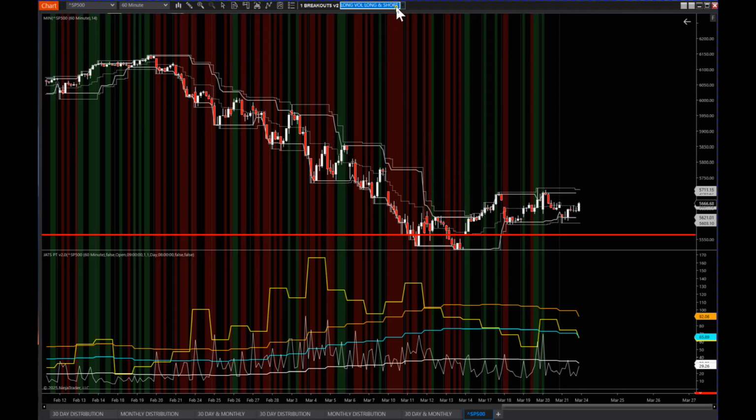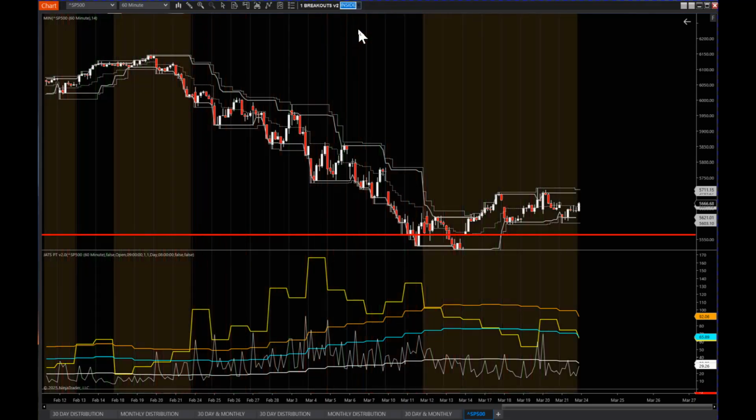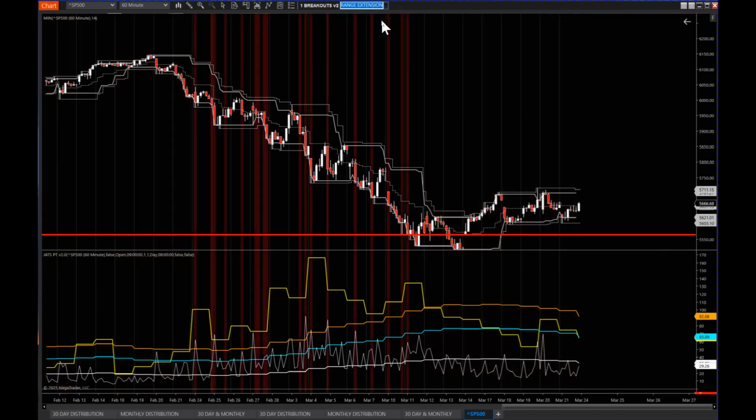But I prefer trading this inside or outside. Inside, I can clearly delineate when that condition happens, and when it's outside, I can do the same thing. And I do that here. Outside range extension, just going in and taking them short.